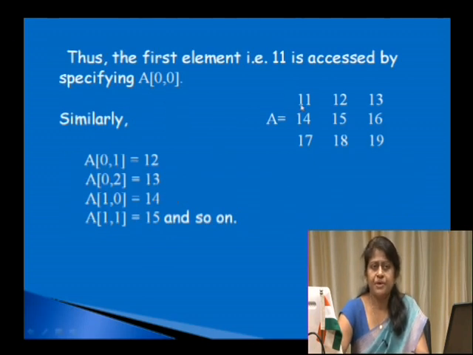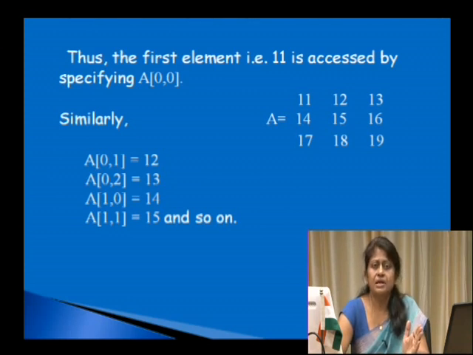So, whenever you want to access, say, the first element of the array, since it belongs to the 0th row and the 0th column, we know that in C we always start our array from the 0th location. So, even in case of a two-dimensional array, we are talking about the 0th element.